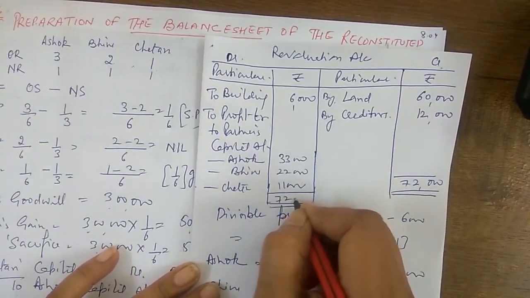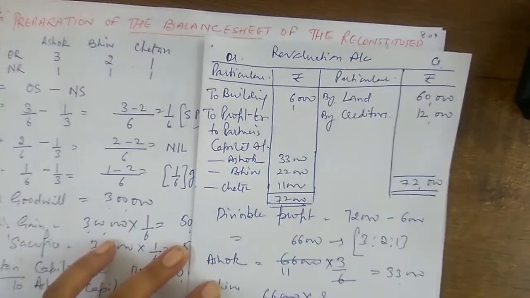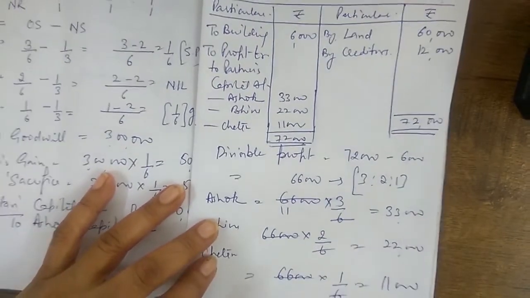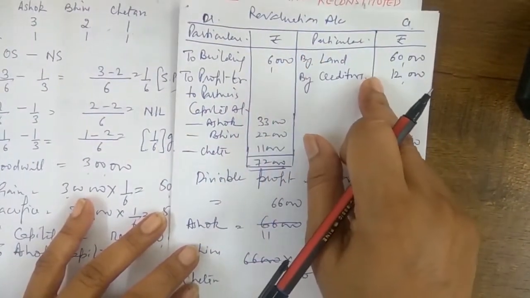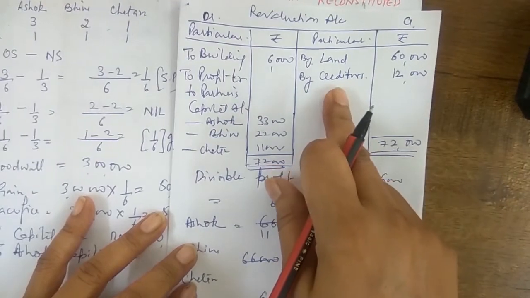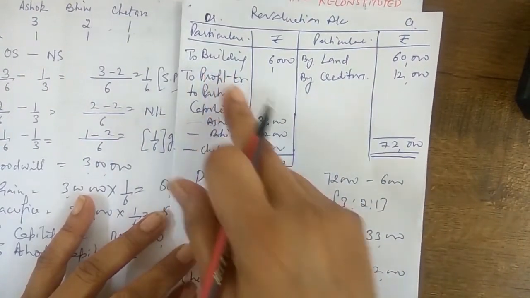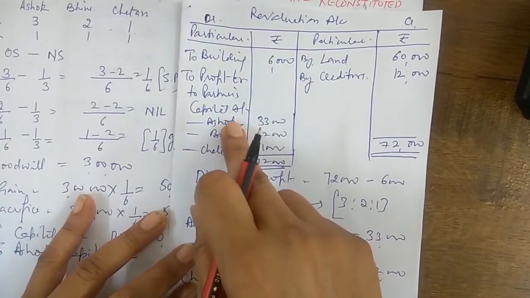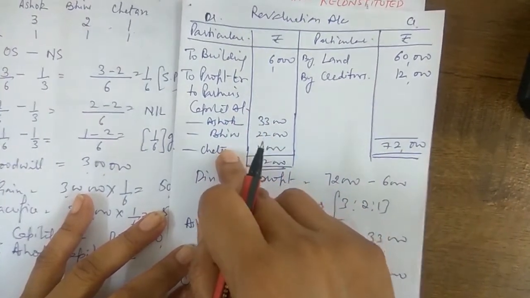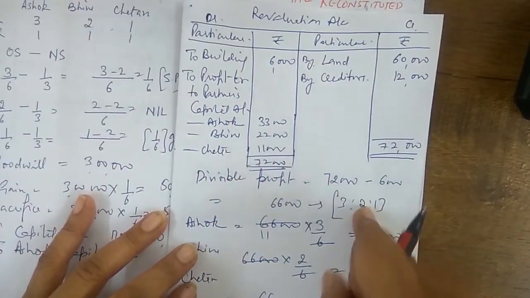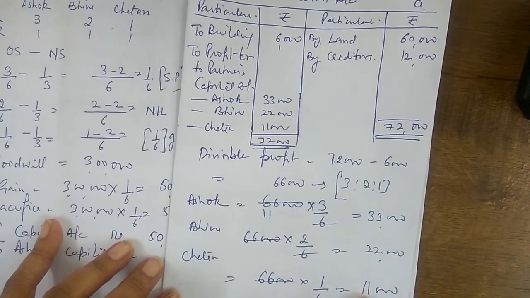So total of two sides will be equal to each other. This is how we have to make the revaluation account, showing the increase in asset, showing the decrease in liability, decrease in value of asset, differences, divisible profit, transfer to three partners in the old profit sharing ratio. The working note we have shown along with it.